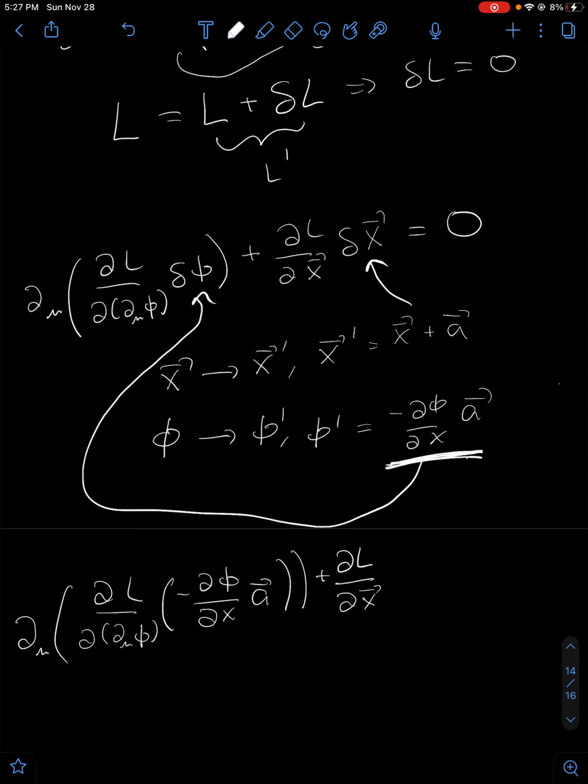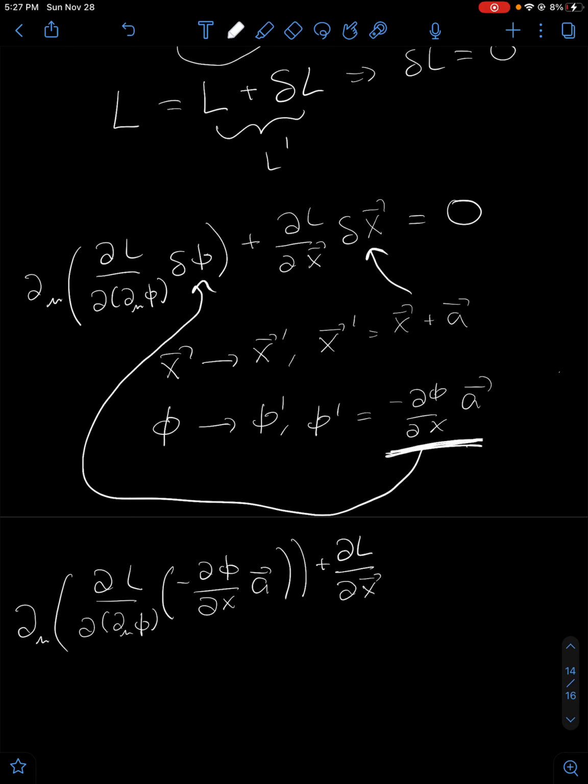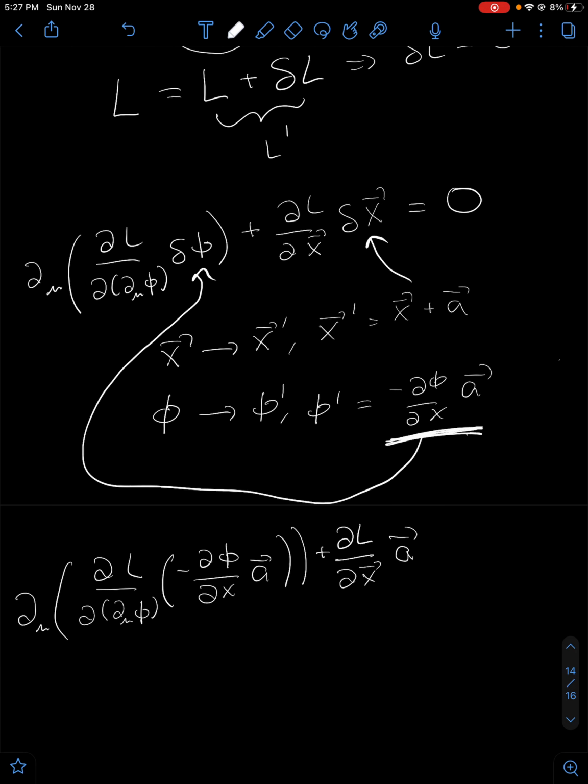Ah, okay, I got it. We would have delta x, and instead it's x plus a. It's kind of hard to explain, but this would be a instead.